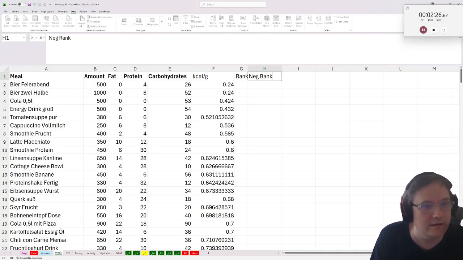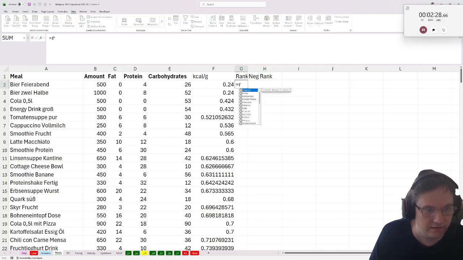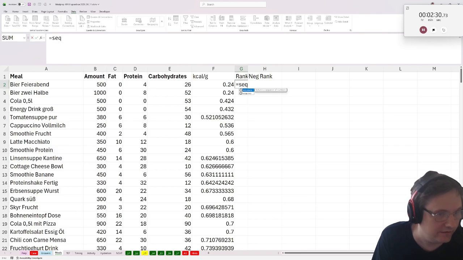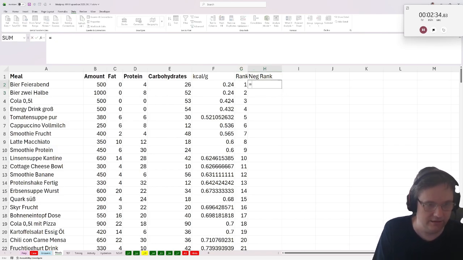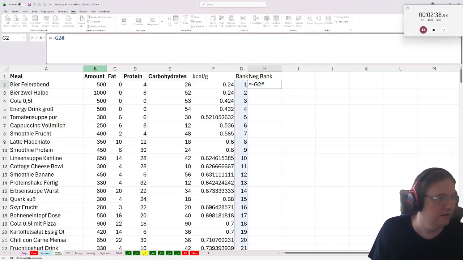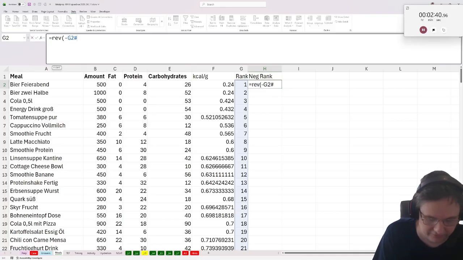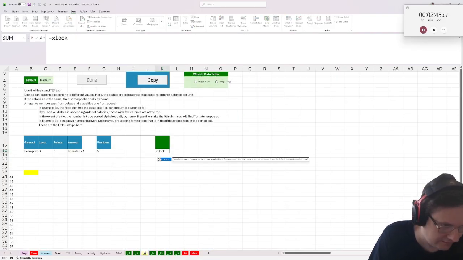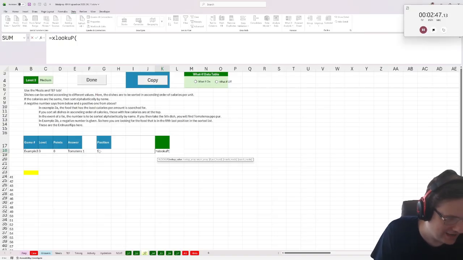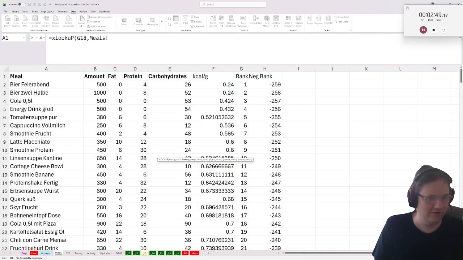Rank and negative rank. So this is what? Sequence 259. And then negative this. And then I'm going to reverse it using a little reverse lambda. All right, and I'll just look up both of these, and whichever one, exactly one of them will not be an error, and that one will be the correct answer, right?